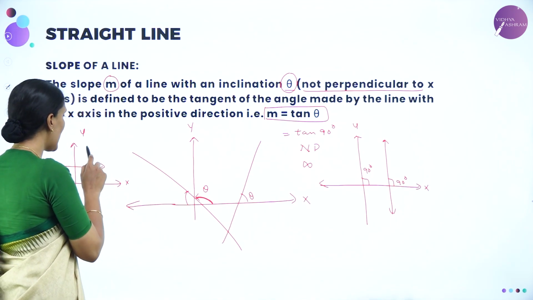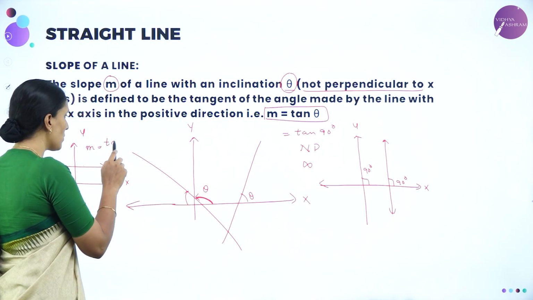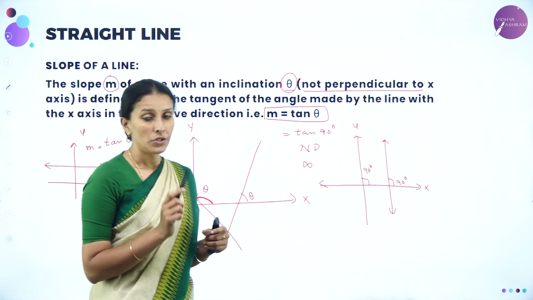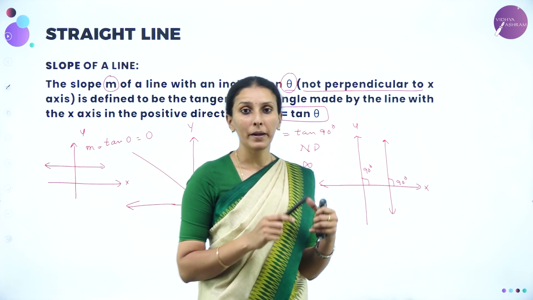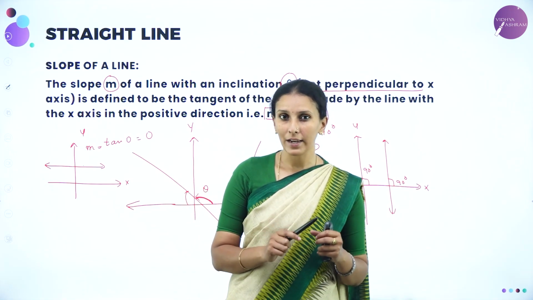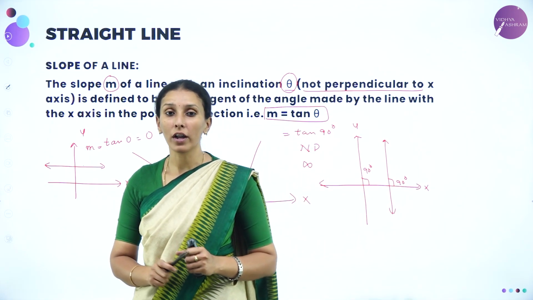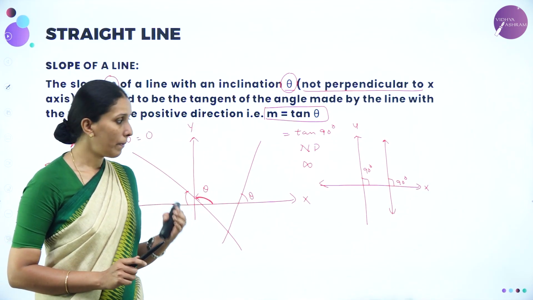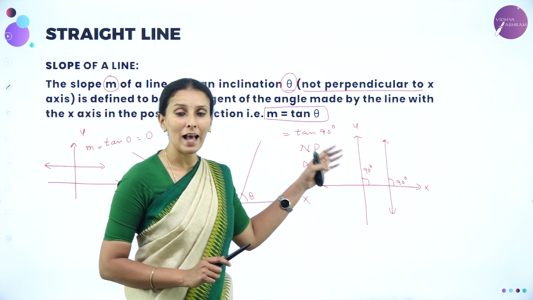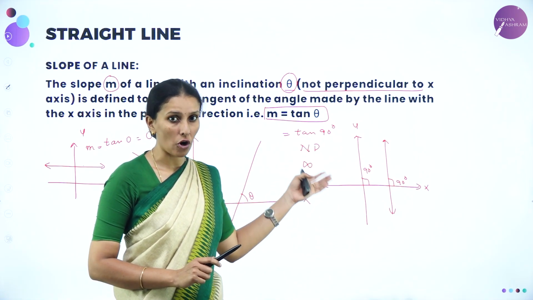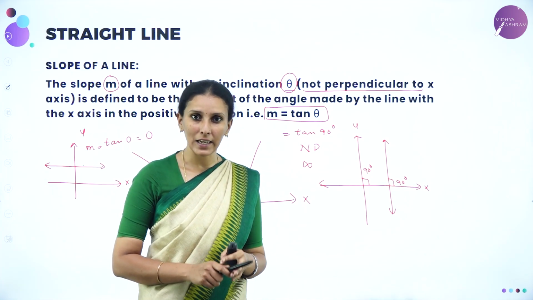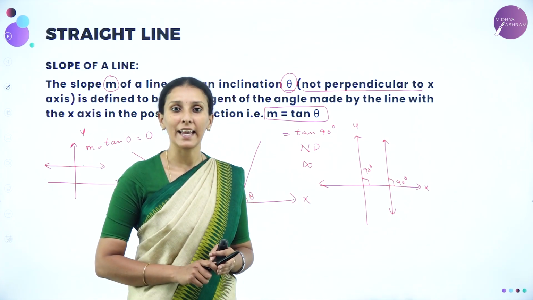So in such cases the angle is 0, tan 0 is 0, therefore the slope of those lines is 0. Be careful, we talk about the slope or gradient of a line only for non-perpendicular lines, because any line perpendicular to the x-axis has a slope of infinity, which is not defined, and parallel lines always have slope 0 because they never intersect the x-axis.